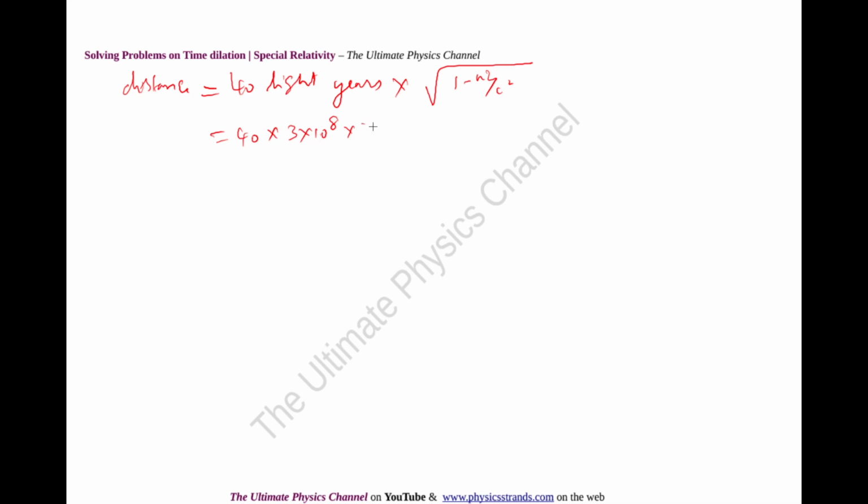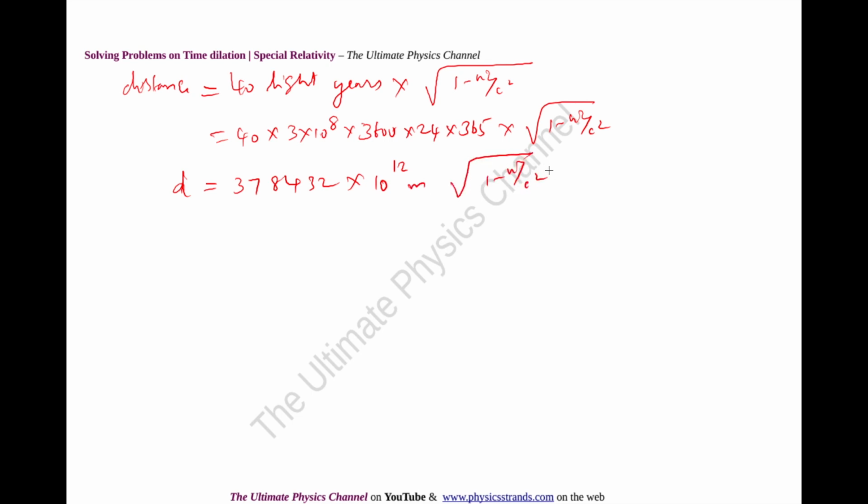There are 3,600 seconds in an hour, 24 hours in a day, and 365 days in a year. That multiplied by this factor 1 minus u squared over c squared will give us, I don't take the direct value of light year, I'm plugging it in here first. 378,432 if I work out these numbers, and powers of 10 goes to 10 power 12 meters here, and then 1 minus u squared over c squared.